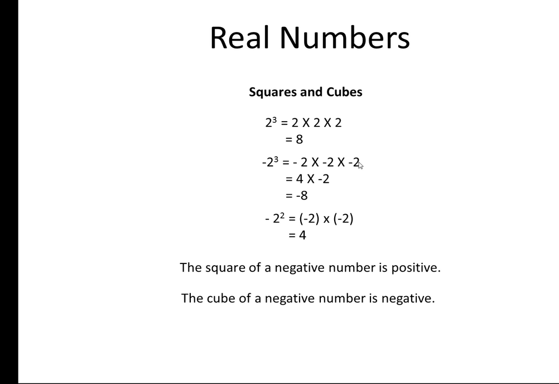In one of the steps, for example, minus 2 times minus 2 gave me a positive number. And the positive number multiplied by this last minus 2 is a positive number times a negative number, which results in a negative result. So the cube of a negative number is always negative. The square of a negative number is always positive.